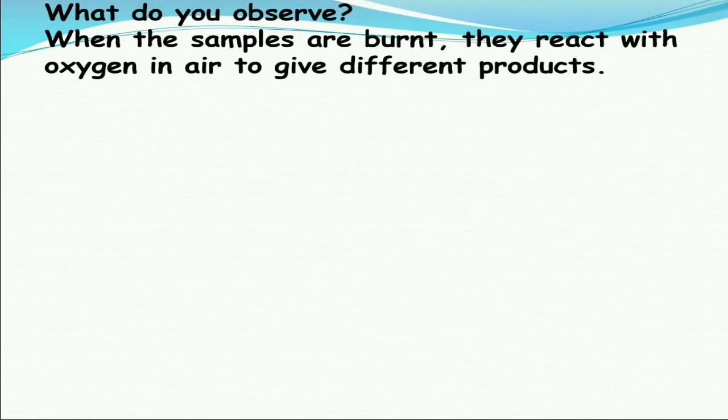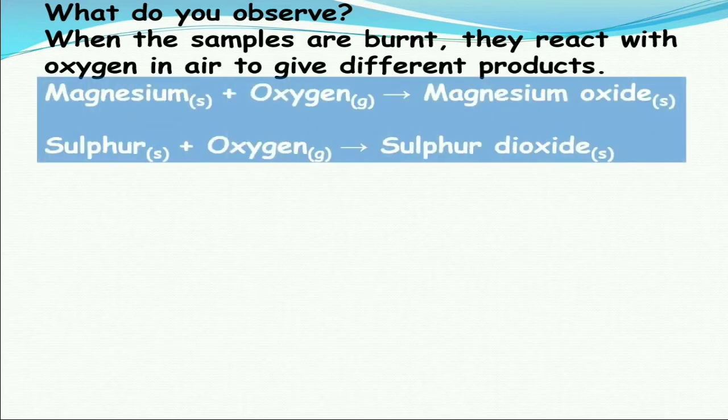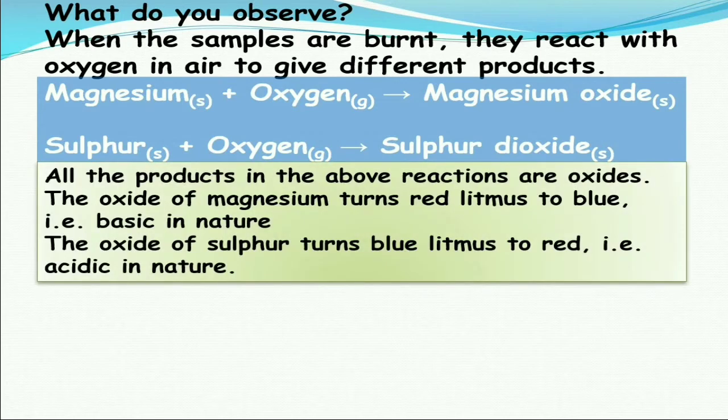What we observe is that when the samples are burnt, they react with oxygen in air to give different products. Magnesium plus oxygen gives magnesium oxide. Similarly, sulfur reacts with oxygen to produce sulfur dioxide. Both products are oxides.